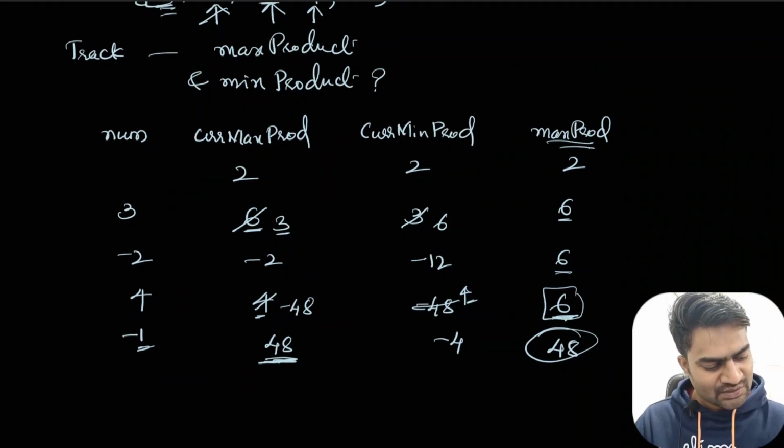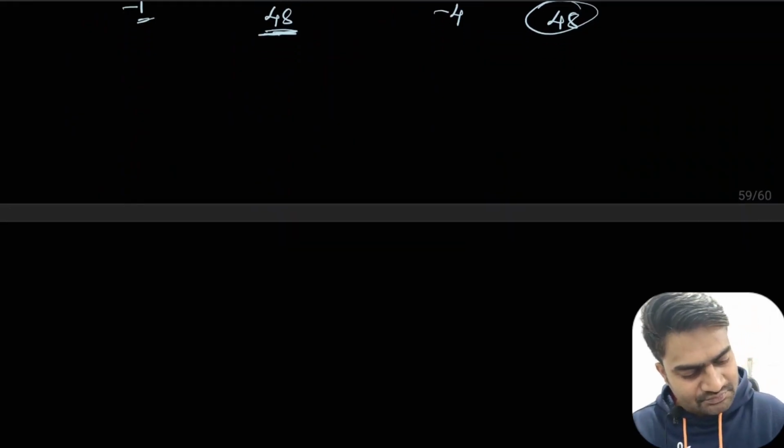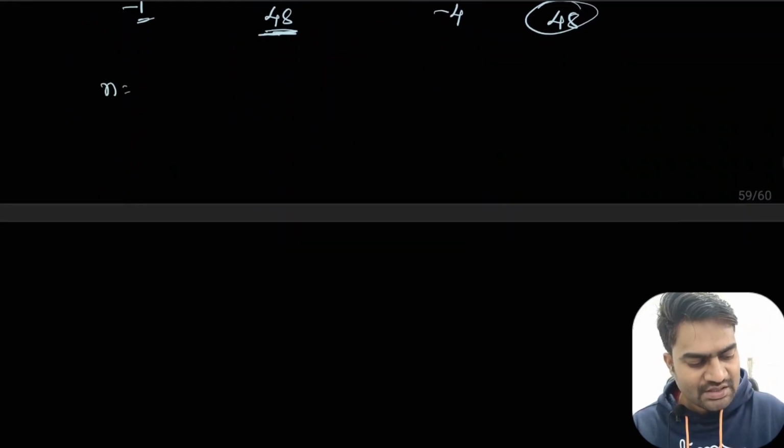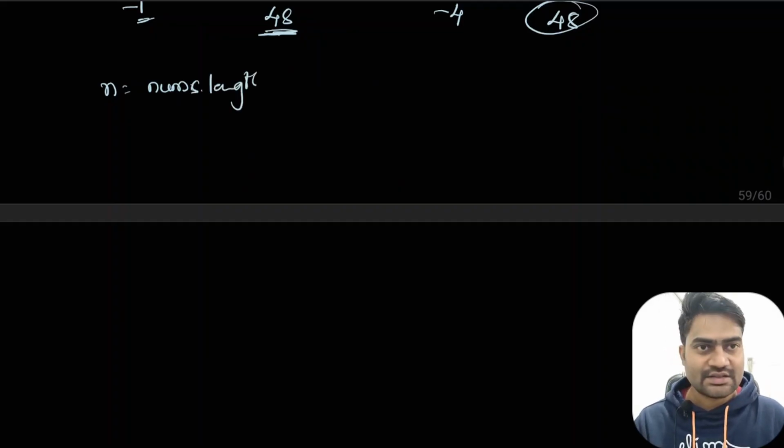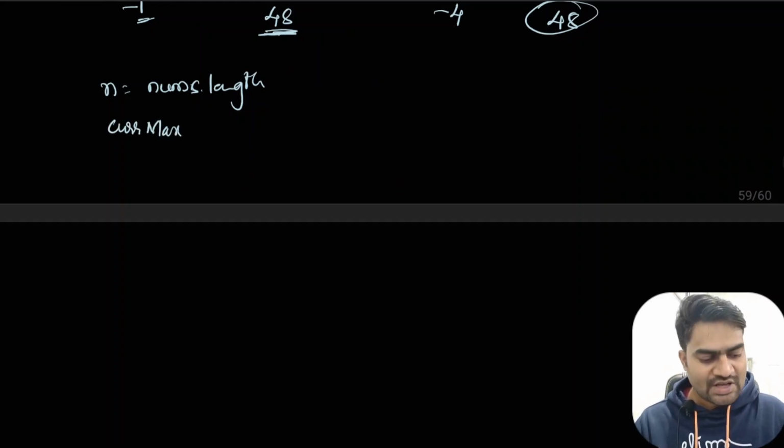Okay, let us look into the pseudocode now. So n will be nums dot length. Now we need the current max product, or we can simply take current max, which will be easy for us.